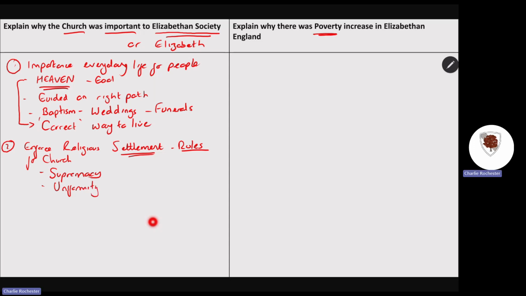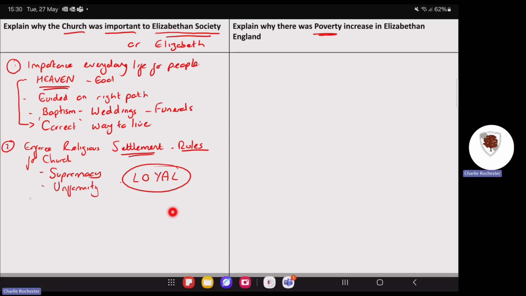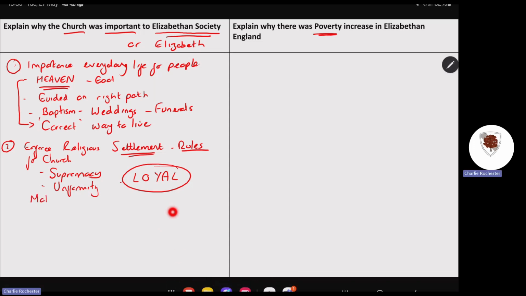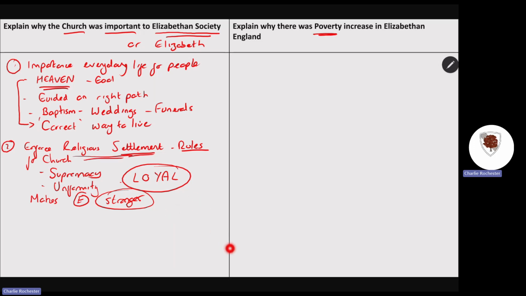The church's role was to ensure ultimately that people were loyal to Elizabeth as the head of the church. This in turn makes Elizabeth stronger. So the church was really important to Elizabeth's overall strength because they help enforce her rules of religion.